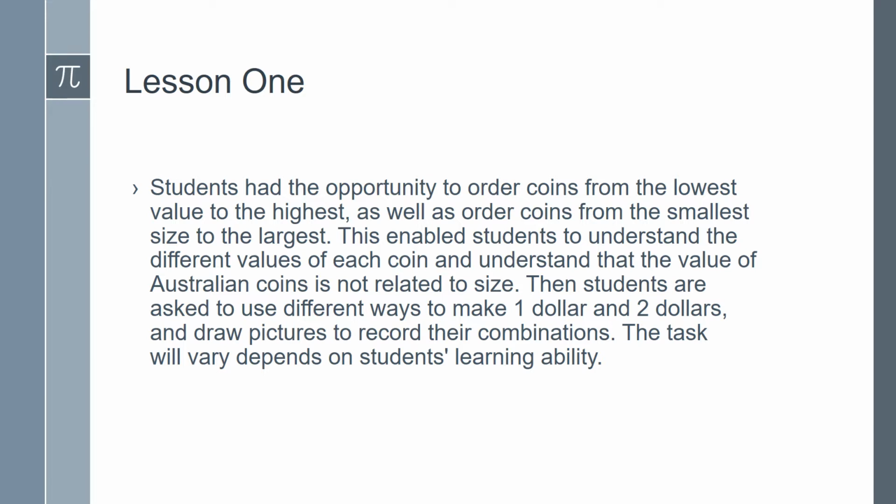For lower level students, I asked them to use different ways to make $1 and $2, and for higher students, I gave them harder money amounts to make, such as $5.20 and $10.90, and this task will vary depending on students' learning ability.